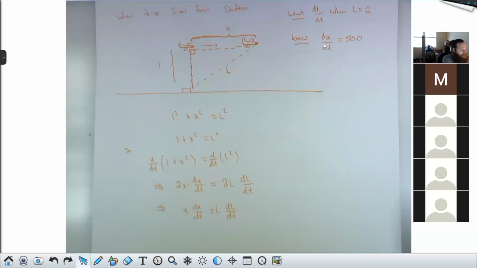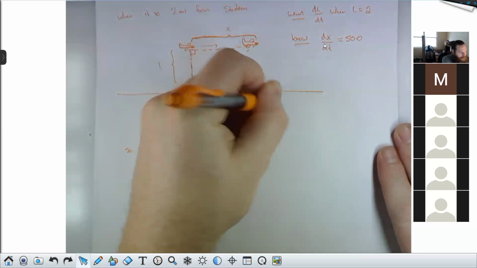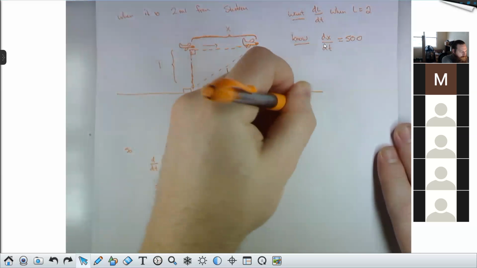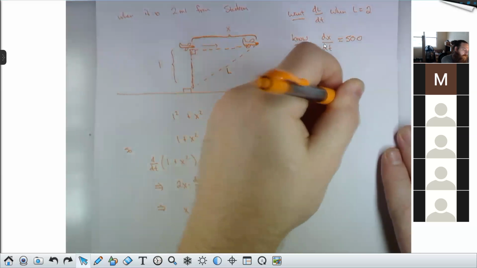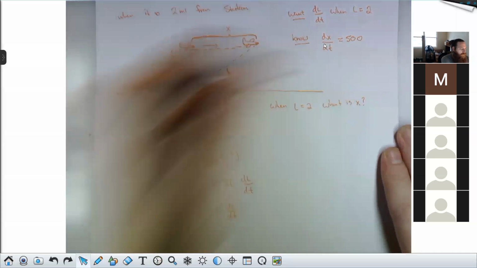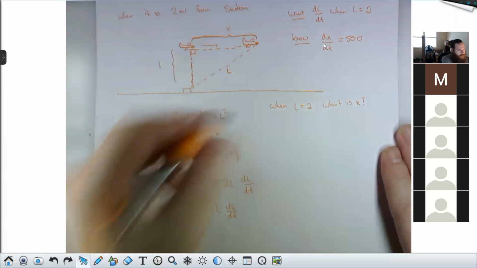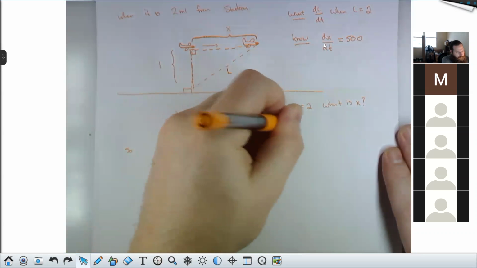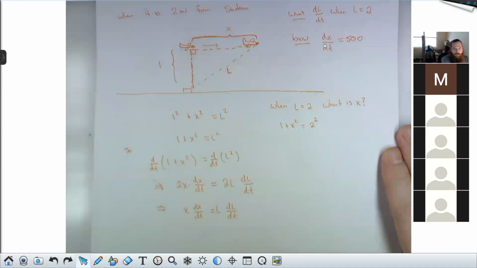So what I'm going to do is say at the moment when L is equal to 2, I need to know what x is. Well, to get that, I plug back into here. So I know that I'll have 1 plus x squared equals 2 squared when L is 2.